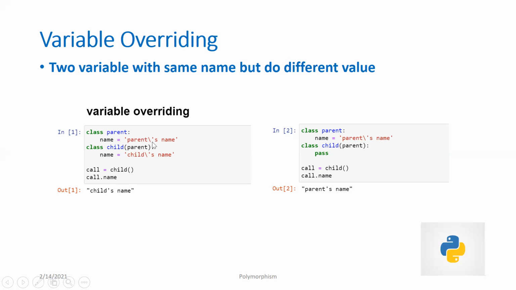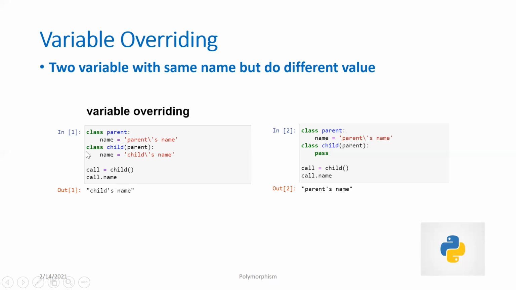This slash will not be printed, but the apostrophe will be taken inside the string, and at the end I just try to make the interpreter understand that this is the end of my string, not this one. I hope you understand that. If you are not understanding what I am talking about, you can ask me in the live session.